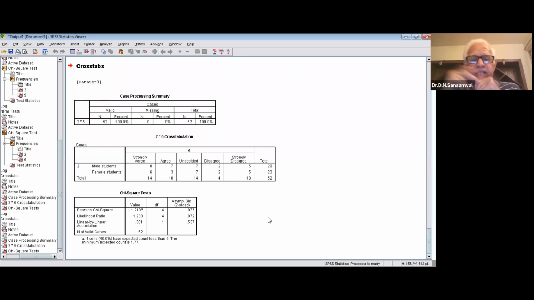Now you can see here, there are some cells where frequency is 2, less than 5, here and here. So a correction must have been used. And this is my chi-square value, and it is not significant because the value is 0.877. This is the error, 87.7% error.